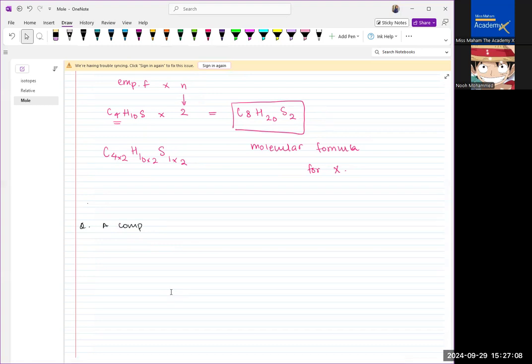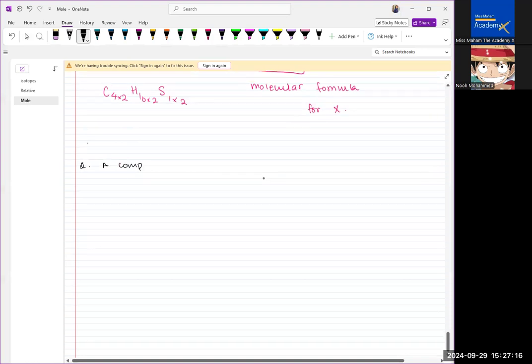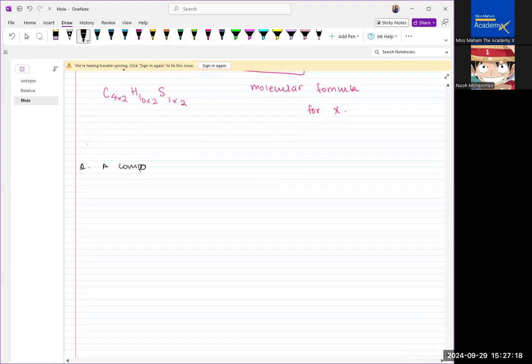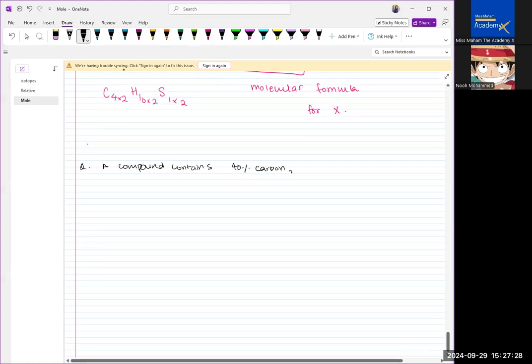Yes. Okay. So this is one question that I'm solving. After this question, I'll give you another question that you will solve. Okay. So a compound contains 40% carbon, 6.67% hydrogen, and 53.3% oxygen.